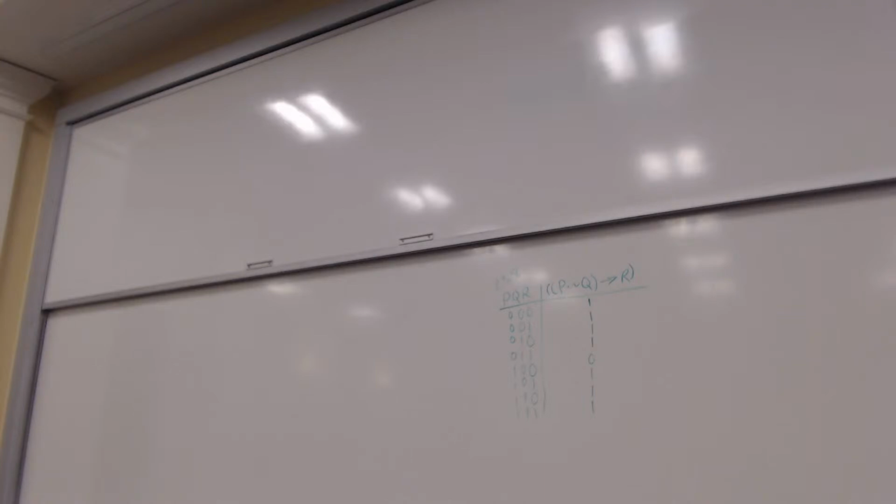On the fifth valuation, P is true, makes the or true. The R, however, is false. So we have true on the left, false on the right. So it is false. On the sixth set of values, again, the P is true, makes the or true, makes the left side of the arrow true.